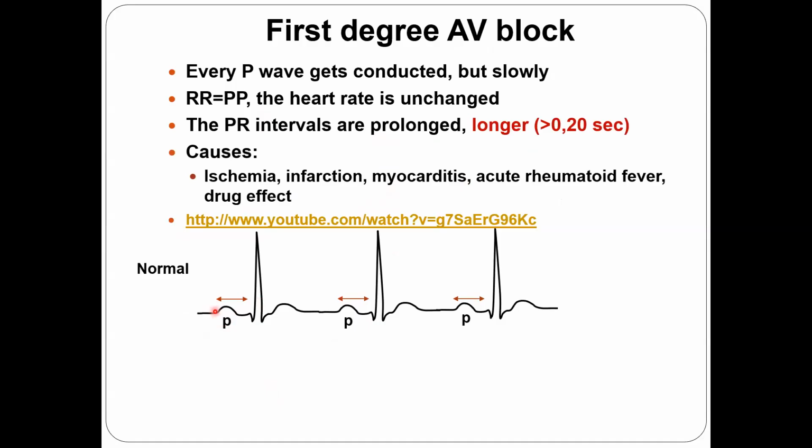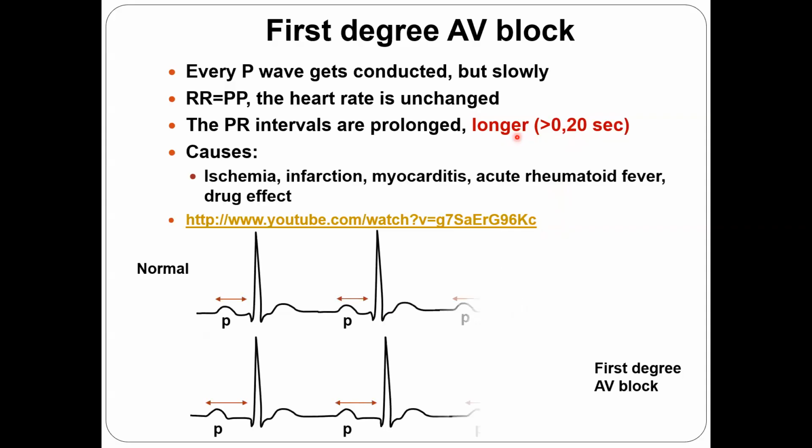This is from the beginning of the P till the beginning of the QRS complex, and the maximum is 0.2 seconds. Of course, this will depend on the heart rate. If you have a faster heart rate, the PR interval is shorter. If you have bradycardia, the PR is a little bit longer, but never exceeds 0.2 seconds.